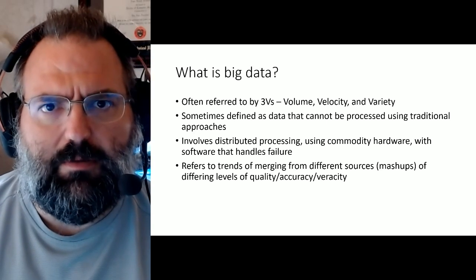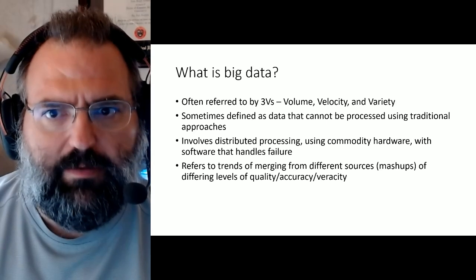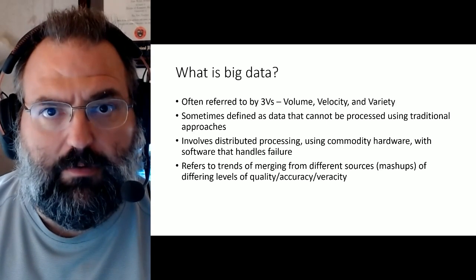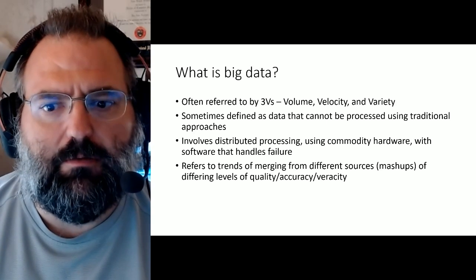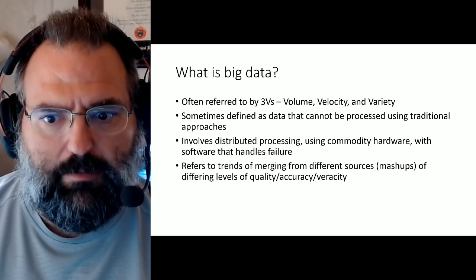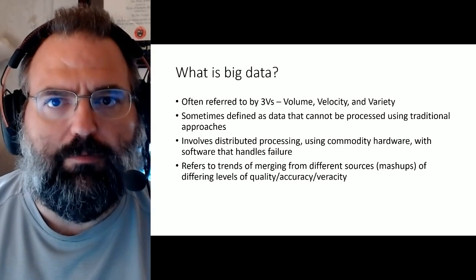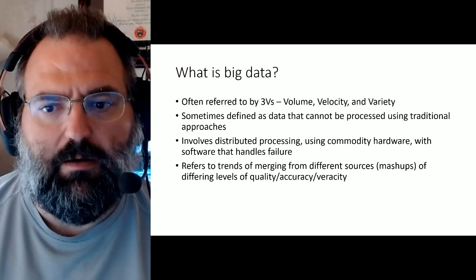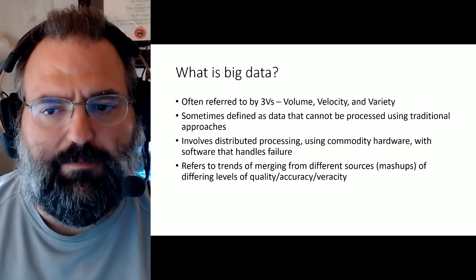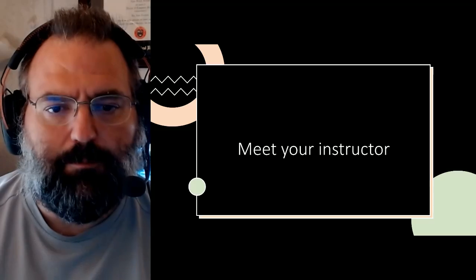So that's the high-level view of what is big data. Because of the nature of this sort of thing, there are also lots of different levels of quality associated with the data. Veracity is about those characteristics, and some people refer to four V's, veracity making the cut and becoming one of the defining characteristics.